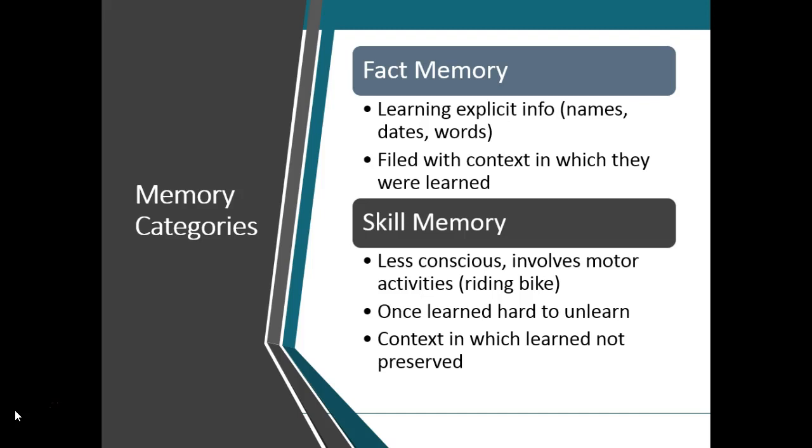It's just stored in the basal nuclei, the cerebellum, and the premotor areas. So these are things that once it's learned, it's hard to forget how to do these. You don't forget how to ride a bike. You may get a little rusty at it, but you remember how to do it. You always remember how to get in your car and to begin driving. You don't necessarily have to recall those steps. It is just that procedural learned memory.